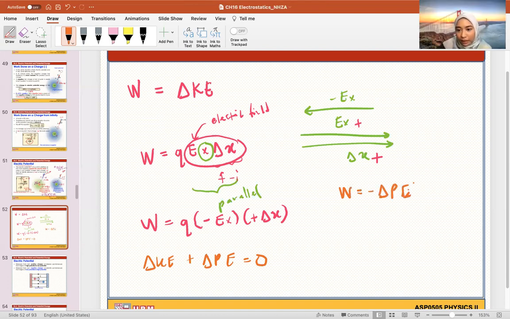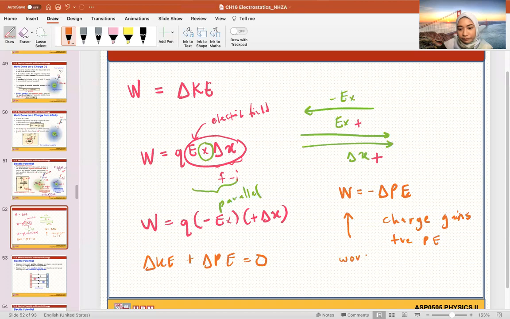So if my charge gains positive potential energy, that means the work done by the electric field is negative.